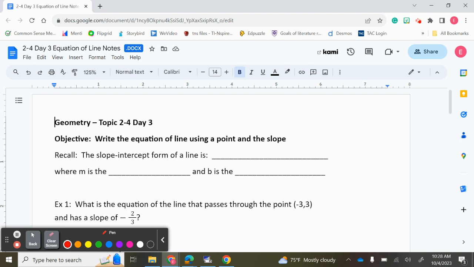So this says, recall the slope-intercept form of a line. Remember that goes y equals mx plus b, where m is your slope and b is your y-intercept.